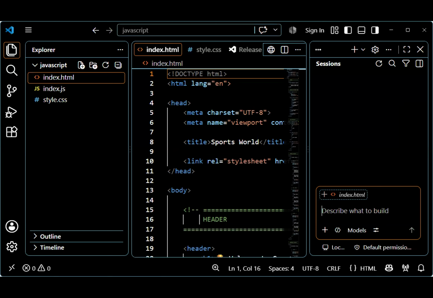I learned about HTML. I learned that HTML is the structure of the website, while CSS adds beauty and JavaScript adds the behavior of the website.